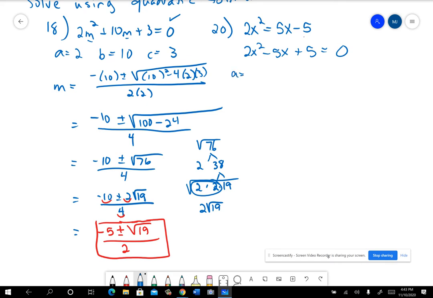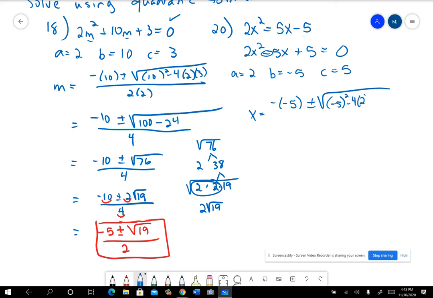Now I'm going to identify my A, my B, and my C. Make sure if the value has a negative in front of it that you include that. Okay, so it's the opposite of B plus or minus. Take the B and square it.